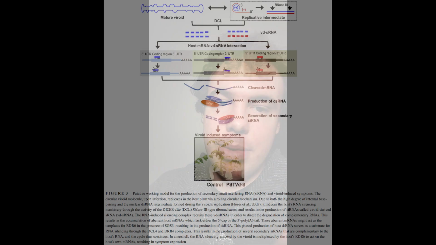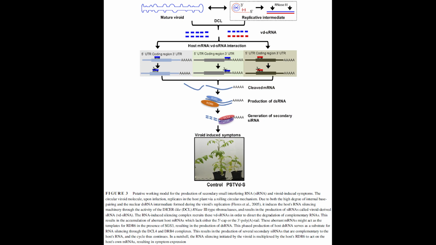I don't know if this diagram helps anyone visually, because it is still kind of technical, but I found it useful. For people who have a similar background as me, or some biology background, like some of the people commenting here, you can see this example of a mature viroid at the top right, and the replicative intermediate here, so positive and negative polarity.